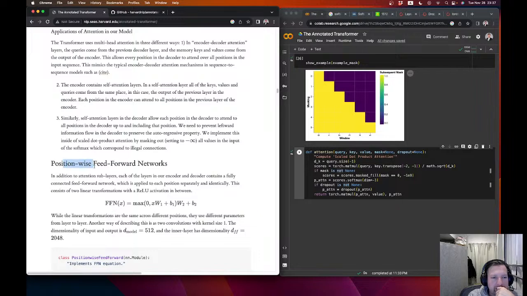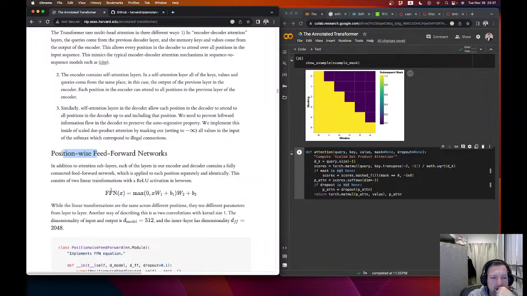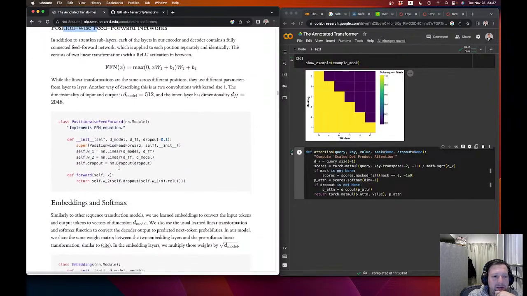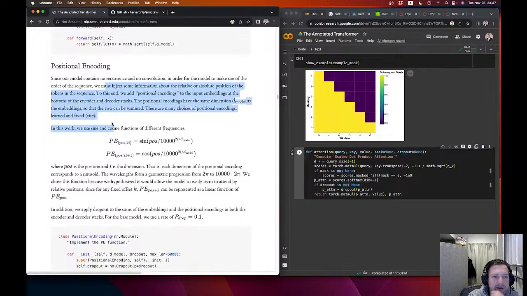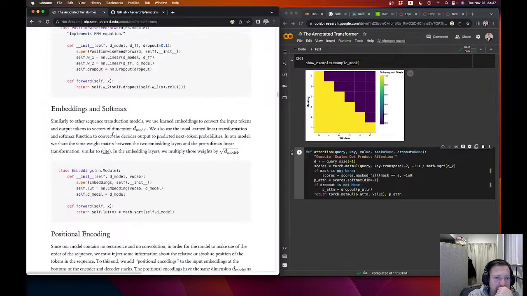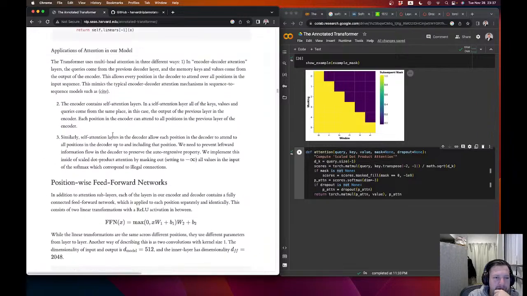And then here where it says position-wise feed-forward network, no, not sure. Anyway, this is already the next bit. Position encoding, this bit will explain this other question I had about how they add this positional information for the token.